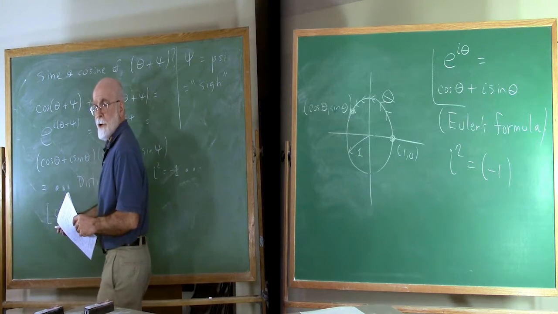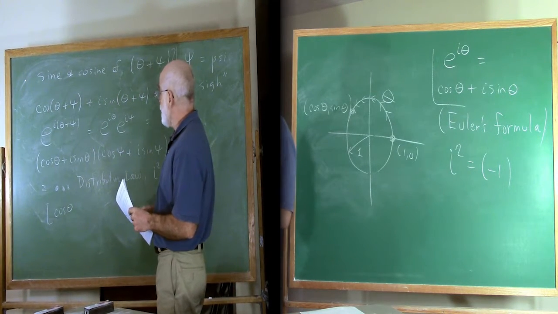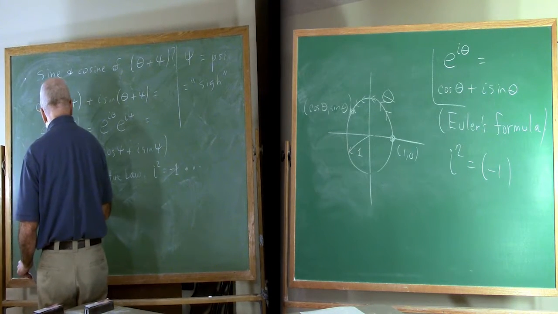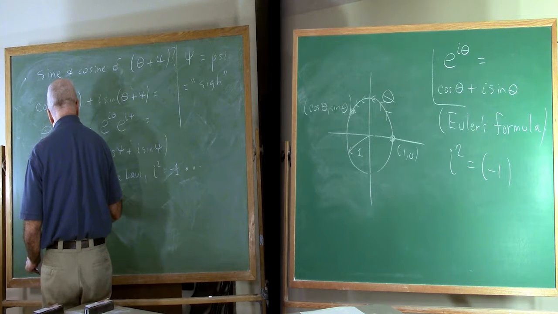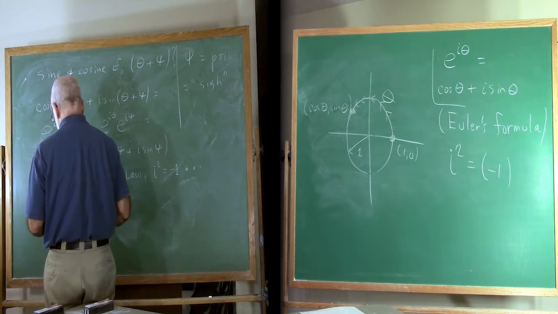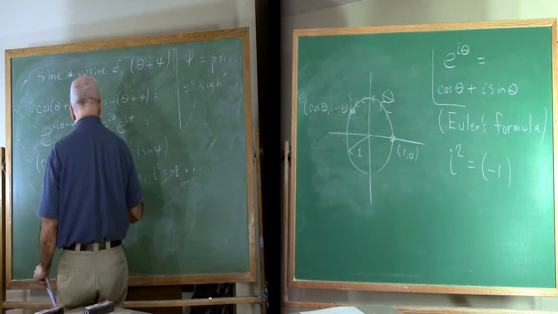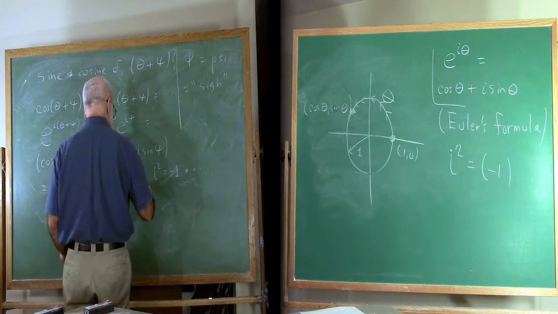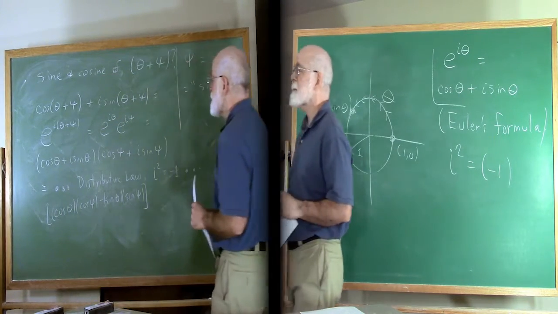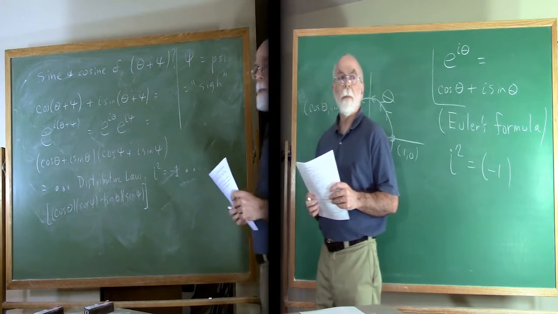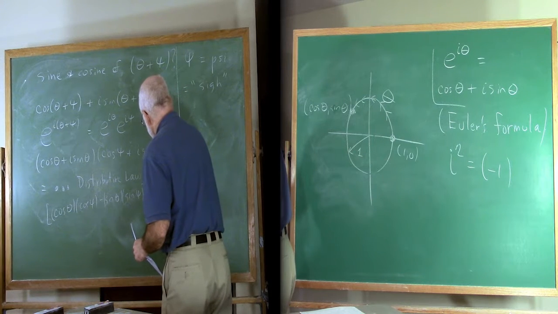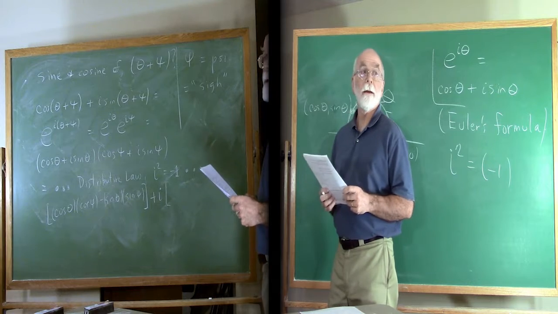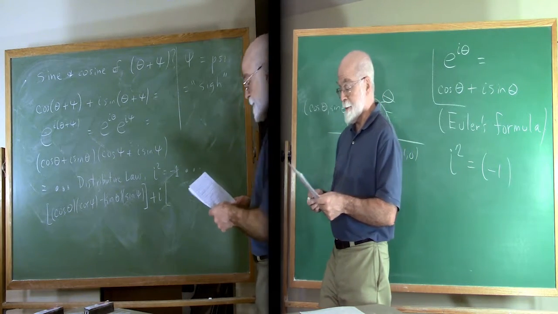Inside brackets here, I'm going to write down the stuff that doesn't involve I. Inside the first brackets, cos theta, cos psi, minus sine theta, sine psi, then we put everything that's multiplied by I in a separate set of brackets.